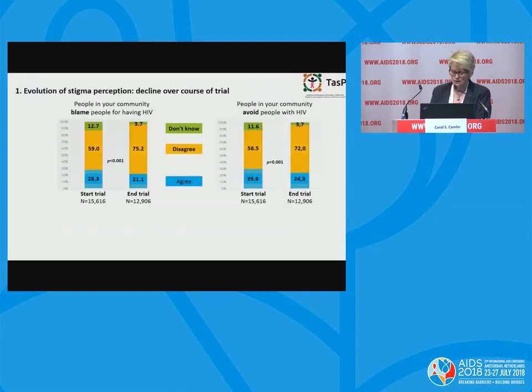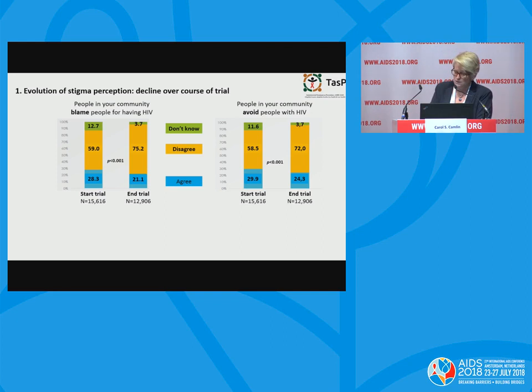And as you can see, there is evidence of an evolution of stigma perception and a decline over the course of the trial. The proportion of people who disagreed with the statement, people in your community blame people for having HIV, significantly increased, and the proportion who agreed with it decreased over the course of the trial.